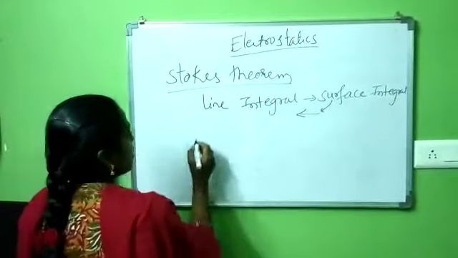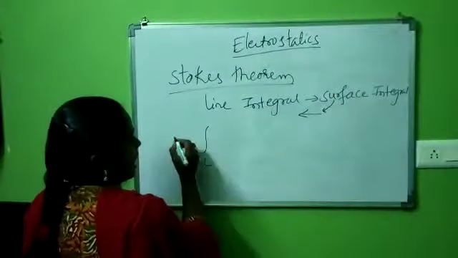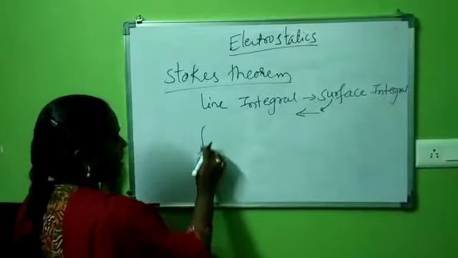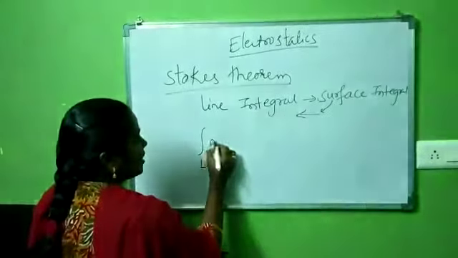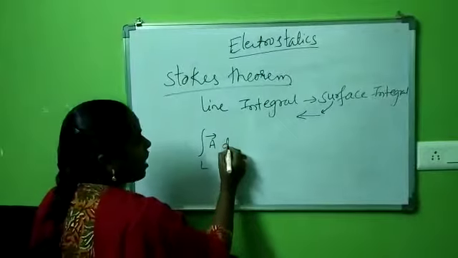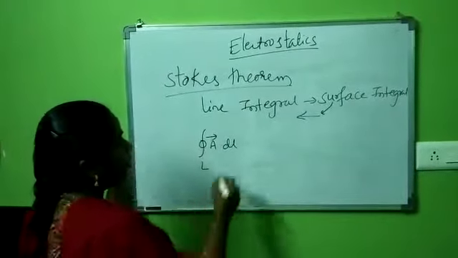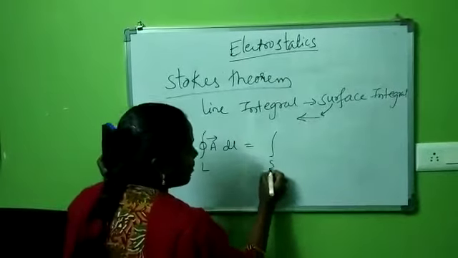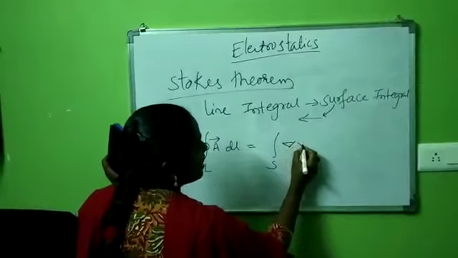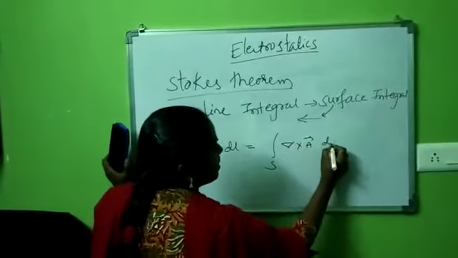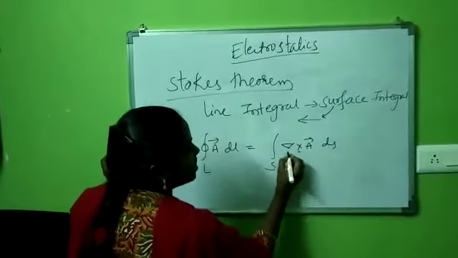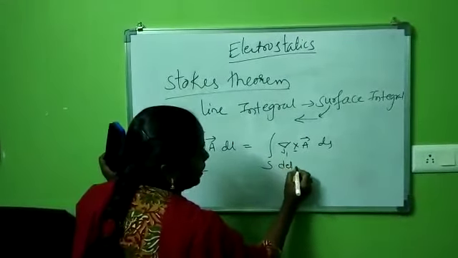Now the equation will be the line integral, as we have seen how we represent integration with respect to the line, and here I am taking a vector A and dl. This circle represents a closed path, which will be equal to the surface integral of del cross A ds. This is the cross representation, and this you can call the del operator.